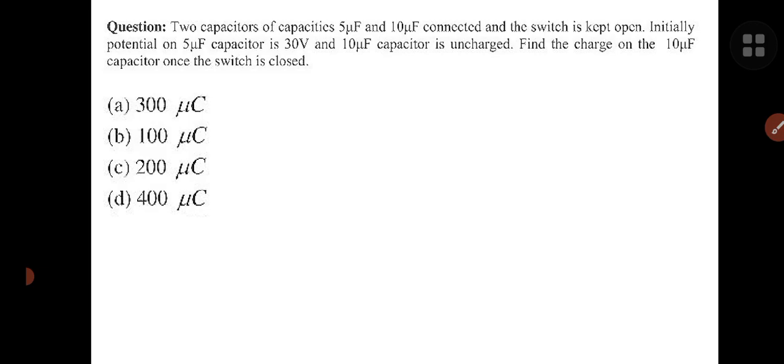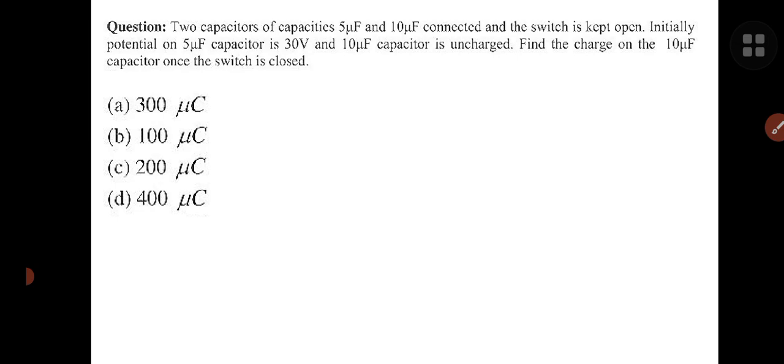Find the charge on the 10 microfarad capacitor once the switch is closed. Four options are given: 300 microcoulomb, 100 microcoulomb, 200 microcoulomb, 400 microcoulomb.